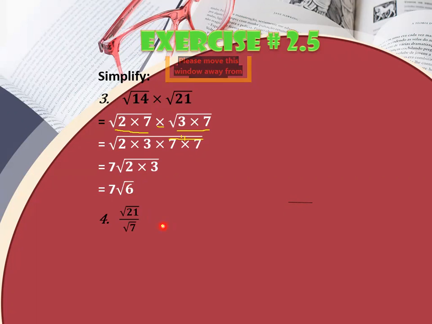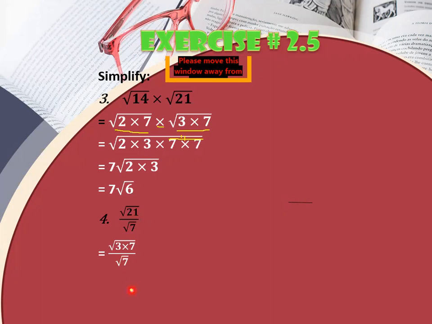Now the next is this one. Here you have different radicals and they are dividing with each other: under root 21 and under root 7. You will break down this 21 into its factors, 3 multiplied by 7, and this will remain the same.